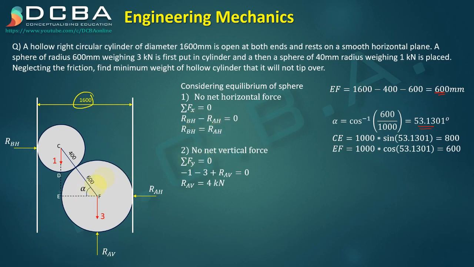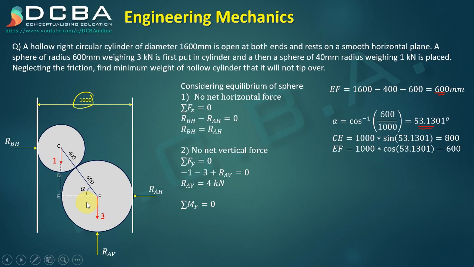If I take this point C, then RBH and the moment due to 1 will get eliminated, because there won't be any moment due to RBH and 1. But if I take the summation of moment at F, then 3, RAV and RAH, these three forces are going to get eliminated. So summation of moment at F is the most logical one.